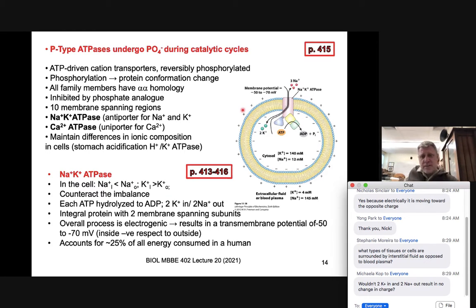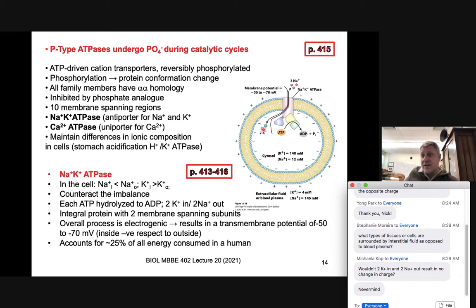To ensure this counterbalance is occurring, and this is a mistake here, there should be 3 sodiums going out and 2 potassiums coming in. And with that imbalance, you get a charge distribution of more positive charges on the outside versus a smaller number of positive charges on the inside, which gives you the relative polarity of being negatively charged.